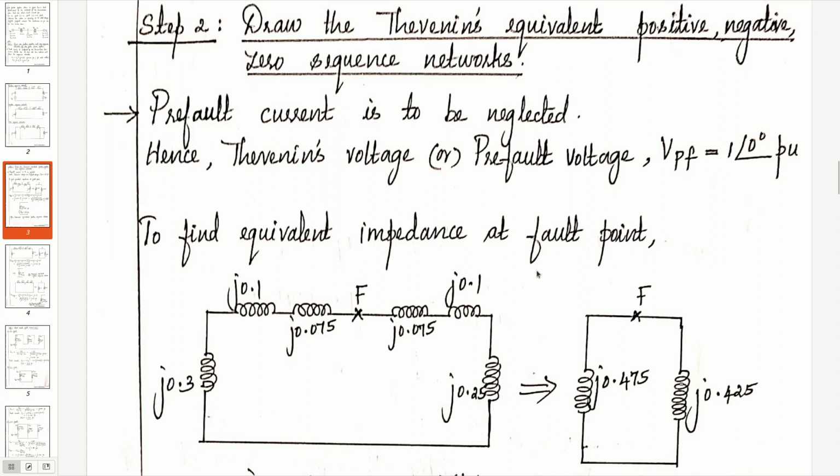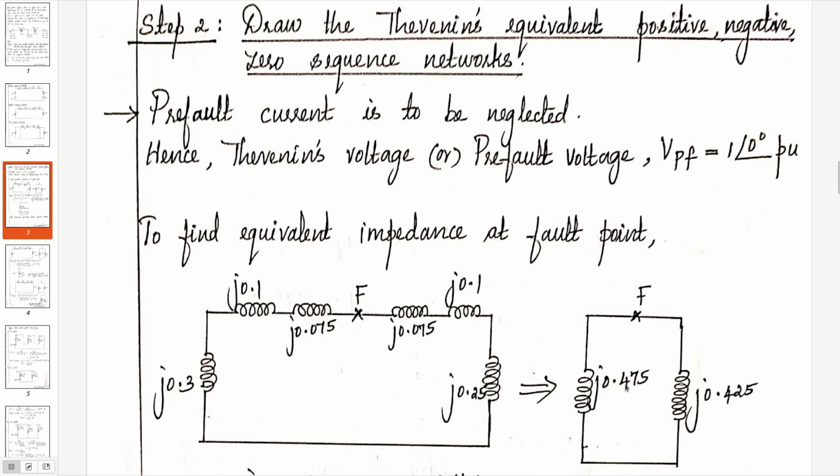For finding the positive sequence equivalent impedance, short the voltage sources and redraw the positive sequence network, because we want the equivalent impedance at the fault point. With respect to the fault point, there are 3 series connected reactances on the left hand side and 3 series connected reactances on the right hand side of the point F. So the reduced circuit will be like this.